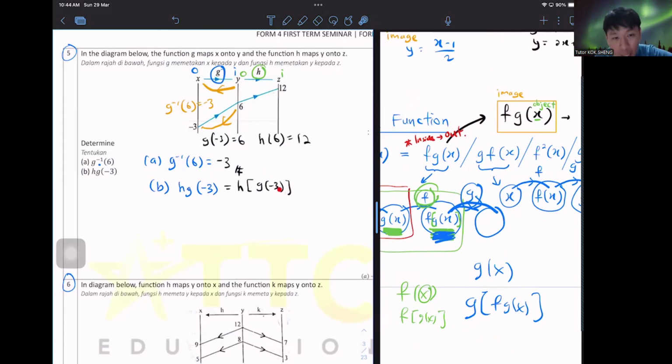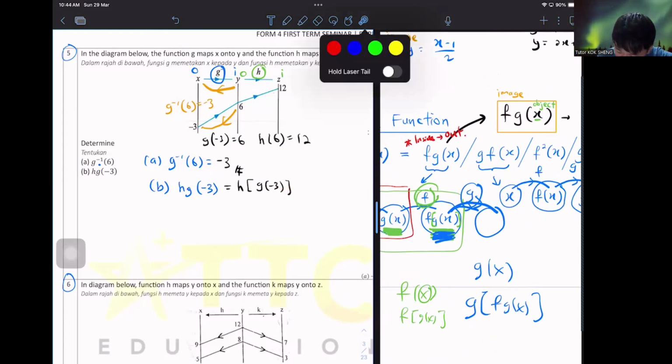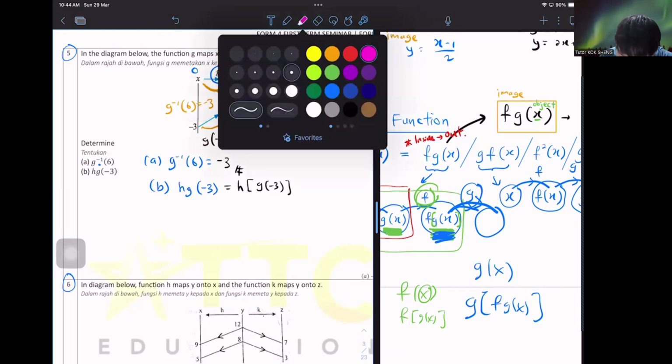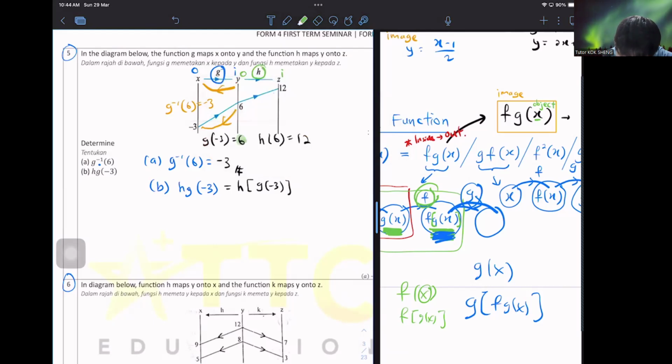Inside, -3 for g. G of -3 is actually 6. You can replace the 6 into here, so you get h of 6. We already know that equals 12 from the diagram.